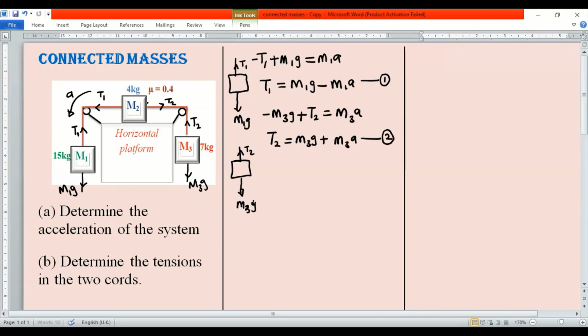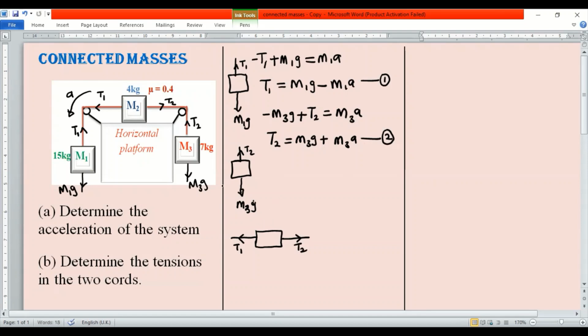Now, if we consider the M2 on the horizontal platform, you have it like this. So we have T1 and T2, and you have the mass.